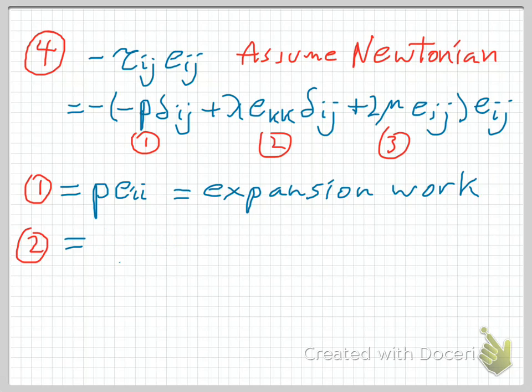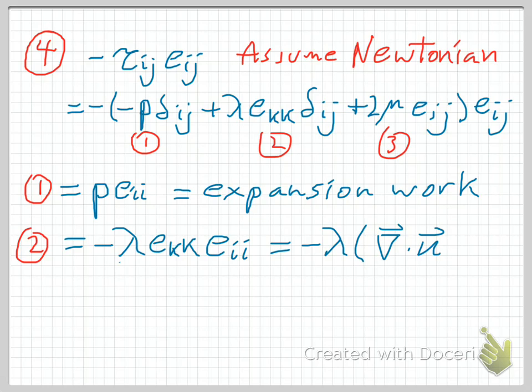We'll have minus lambda Ekk, and then multiplying delta by Eij again, we get Eii. And notice that what this is, is minus lambda times the square of the divergence. This is a negative definite quantity. It means that there's a loss of kinetic energy.